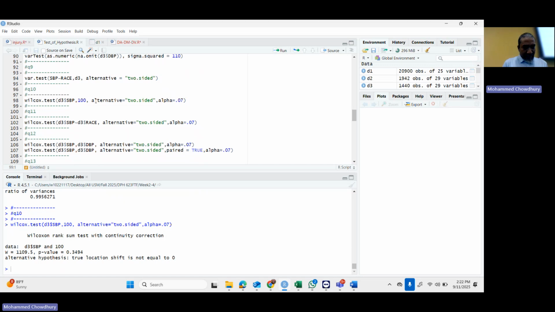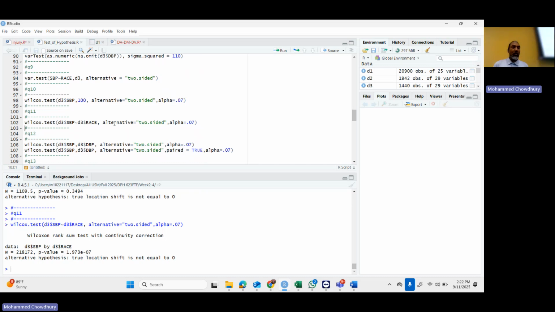Okay. And then I want to check whether the median SBP for African Americans and Caucasians are the same or not. Whether two medians are the same or not, we found that after running this line of code. We found that the medians are not the same.